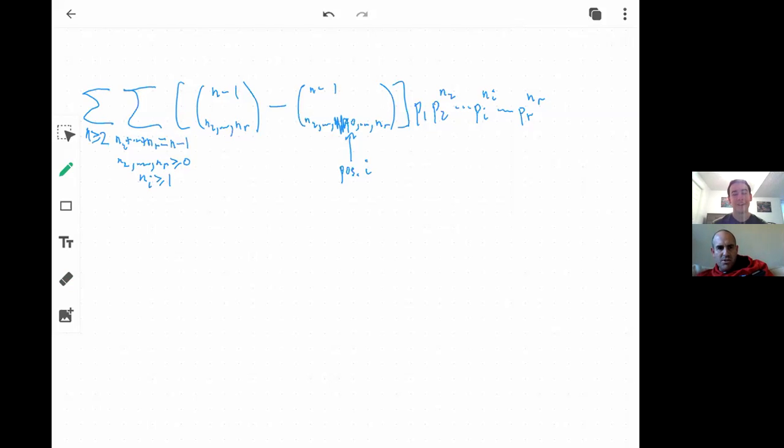How does this simplify? Does it simplify? Well, can we just split it up? Probably. Split up the sums and then apply the multinomial theorem? Yeah, probably.